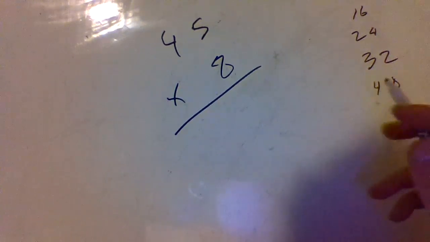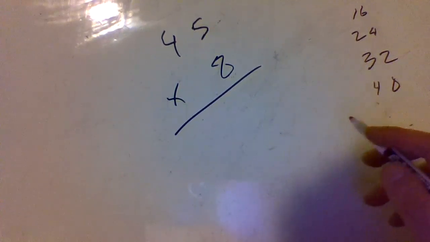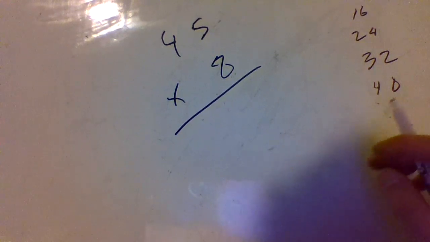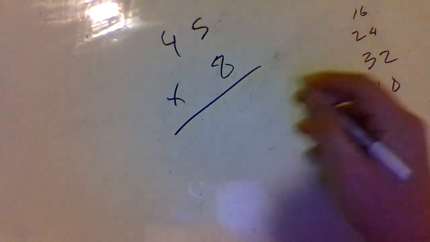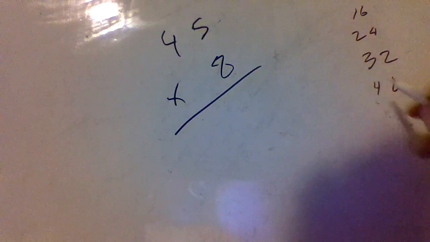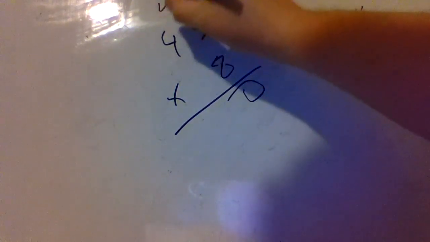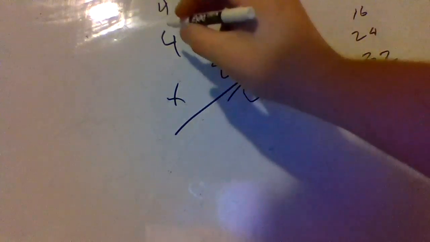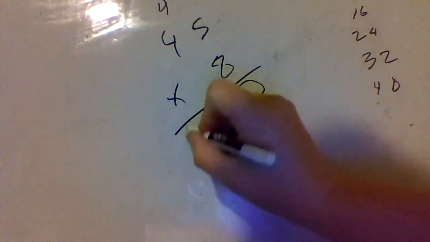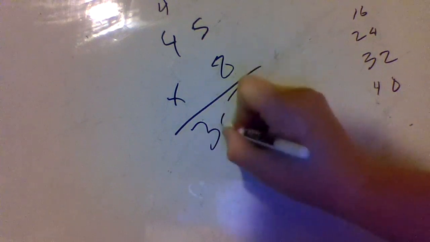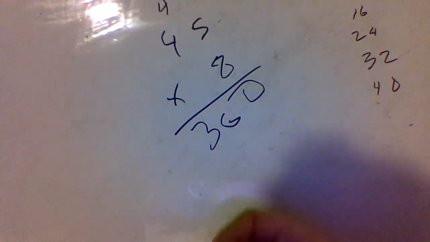However, I think that'll save you a little bit of time in the long run if you need to do that. So 5 times 8, as we said, is 40. So we put down your 0 and carry your 4. 4 times 8 is 32. 32 plus the 4 that we carried is 36, so 360.